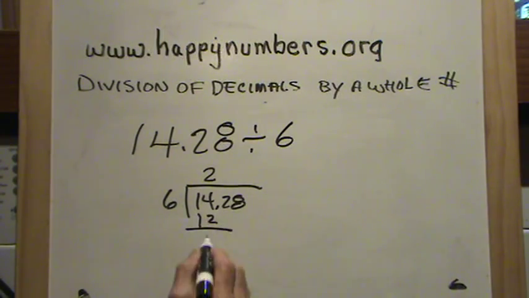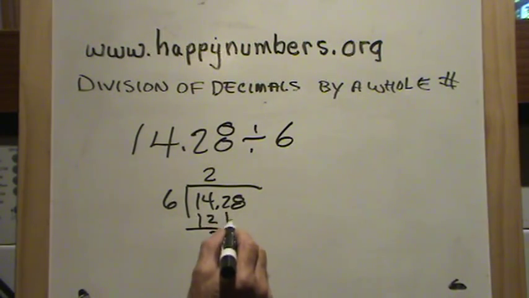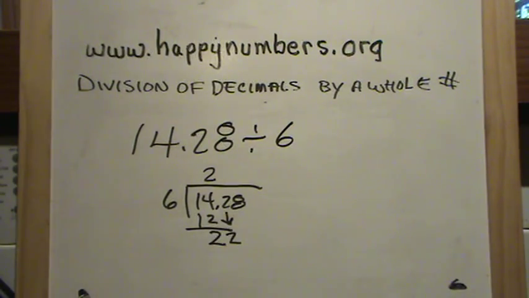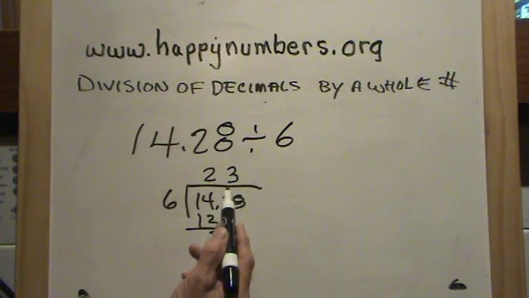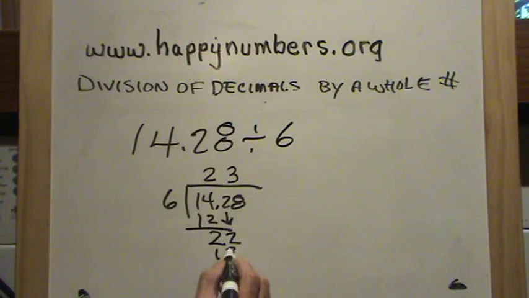And we subtract and we get 2. And we bring down the 2. 6 goes into 22 3 times. 3 times 6 is 18. And we subtract, so we have to borrow here, make this 12. 12 take away 8 is 4.